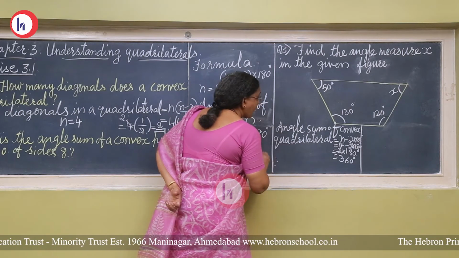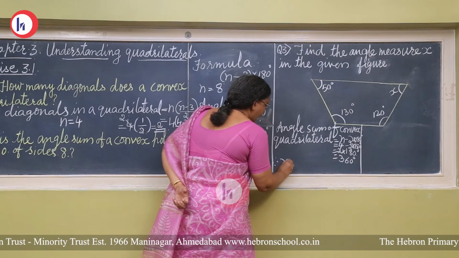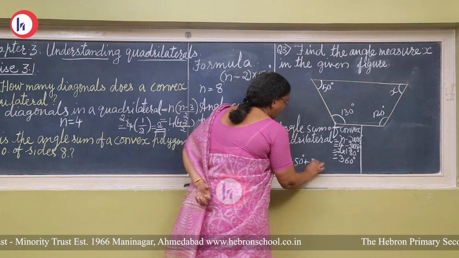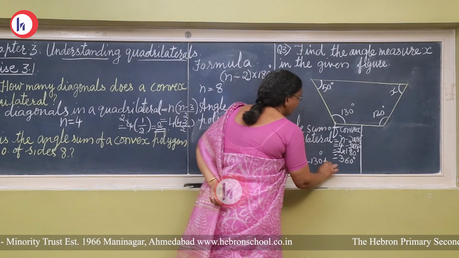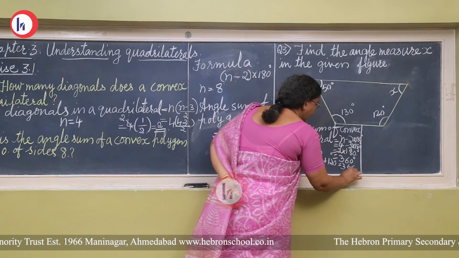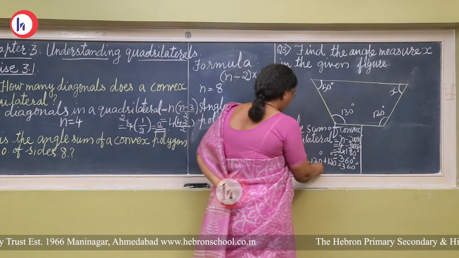Therefore, first we take it as x. X plus 50 degree plus 130 degree plus 120 degree is equal to 360 degree. Now, what is all of it together?